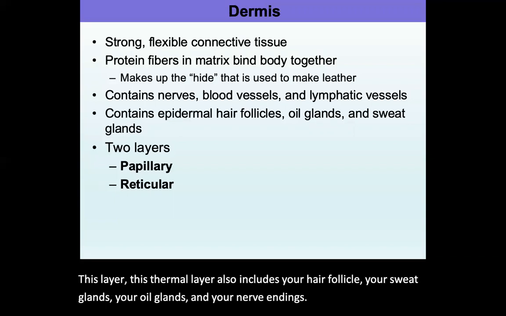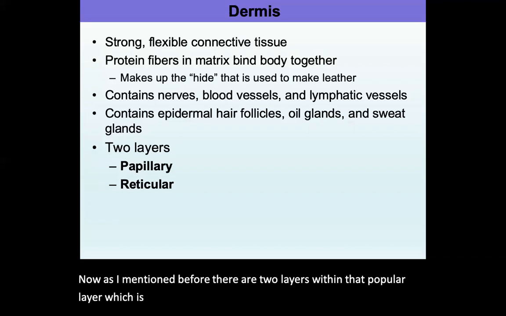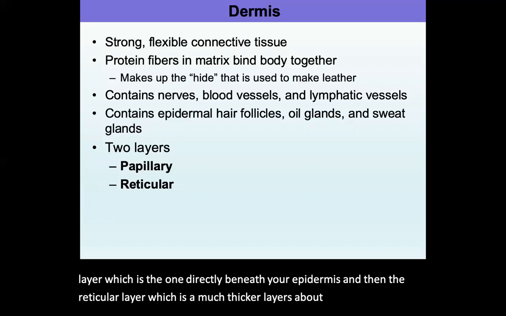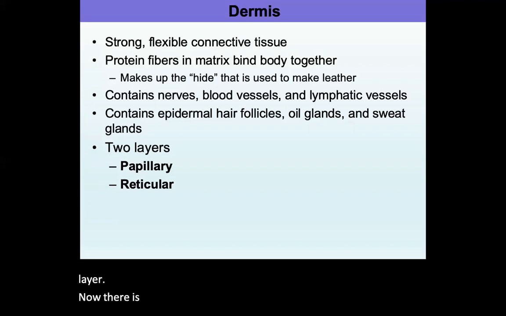Now, as I mentioned before, there are two layers within that. The papillary layer, which is the one directly beneath your epidermis, and then the reticular layer, which is a much thicker layer, about 80% of your dermal layer. There is a significantly high level of protein fibers in here.